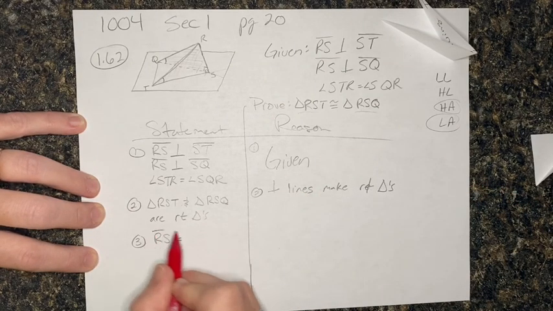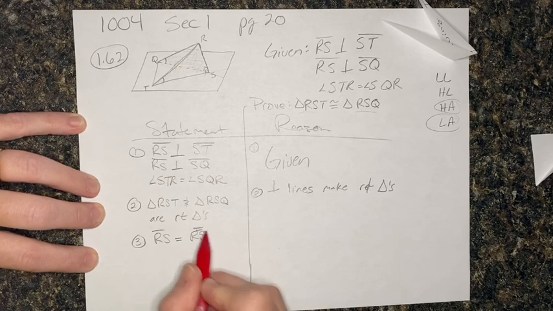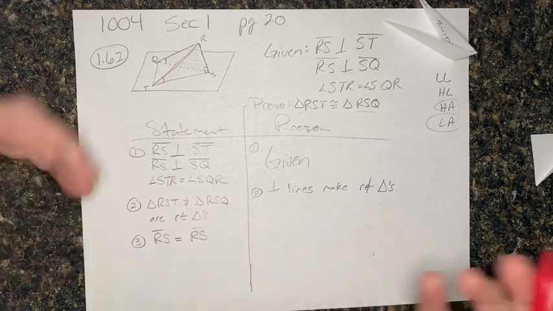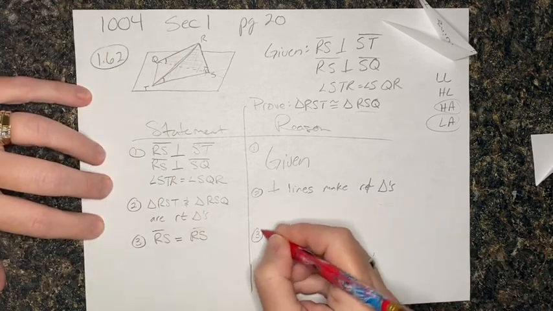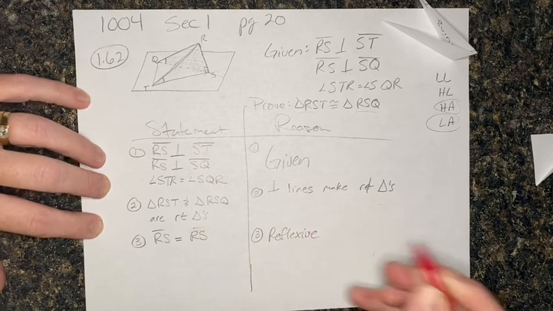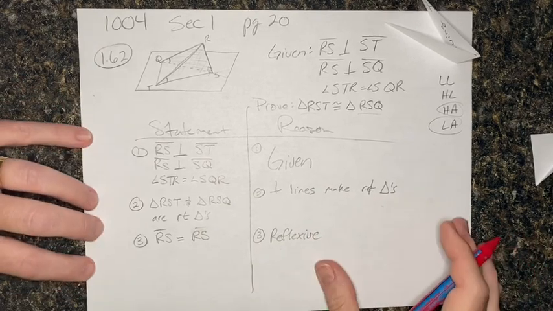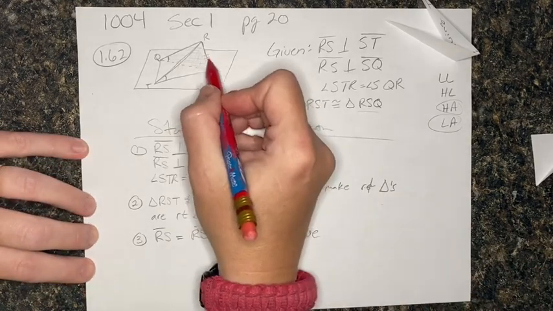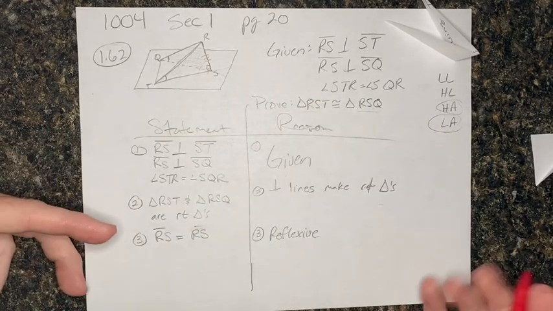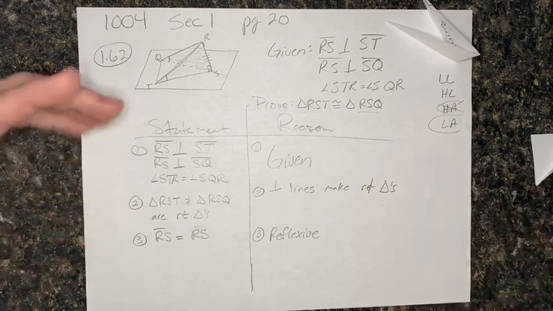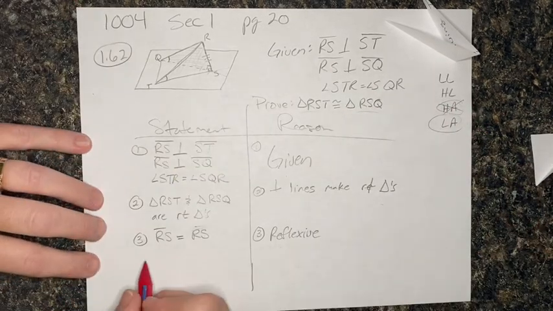RS is equal to RS. Why? Because it is reflexive. Okay, we're going to use the reflexive a lot, so we might as well get comfortable with it. Reflexive. Okay, so what do we have now? Do we have a hypotenuse acute or a leg acute? We don't have the hypotenuse, right? Because that was going to take too long and be too hard.